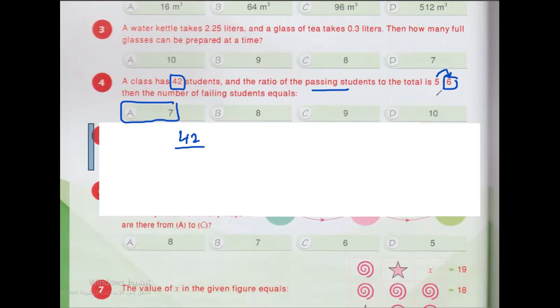What is the remainder here? The remainder will be 1/6, that is the failing students. You only multiply 42 times 1/6, then you get the failing students. You simplify 6 divided by 6, and 7 times 1 is 7. So directly I find 7.